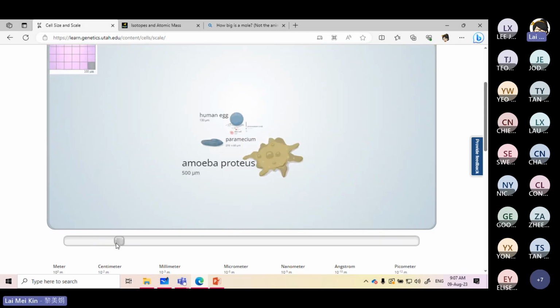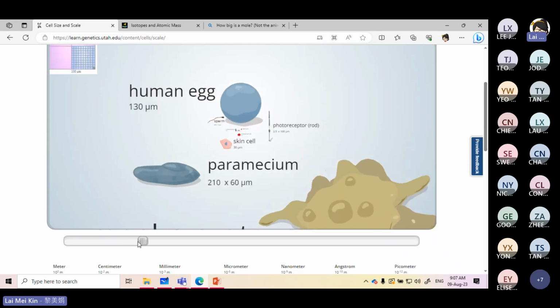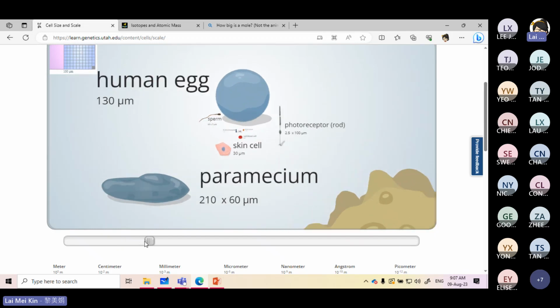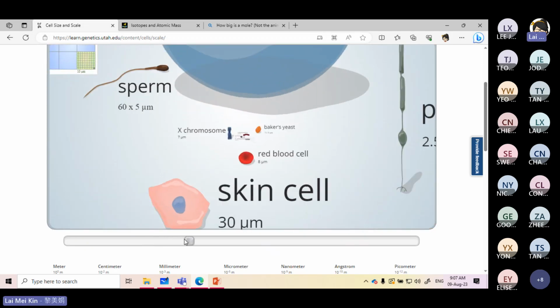If I zoom in further, I can see something called a single cell organism, a unicell, which is amoeba. And then I zoom in, and then we have paramecium, and then we have human eggs. All these are just cells. If I zoom in further, I can see skin cell.